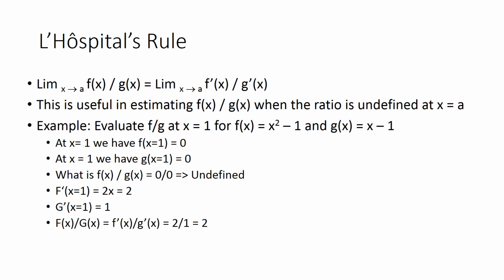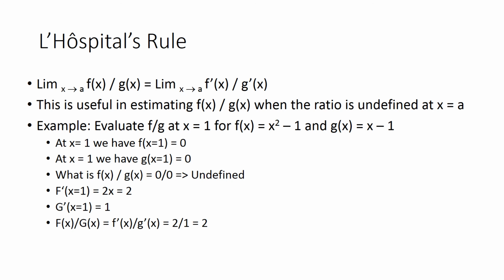What is important is L'Hopital's rule. This states that suppose we have a function f(x) and another function g(x). Both of them are evaluated at the same point, x. For some reason, we cannot evaluate the ratio.